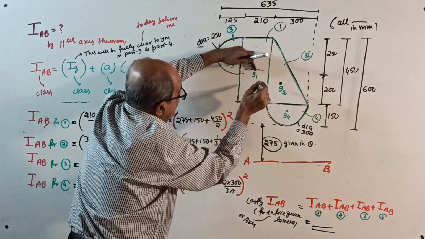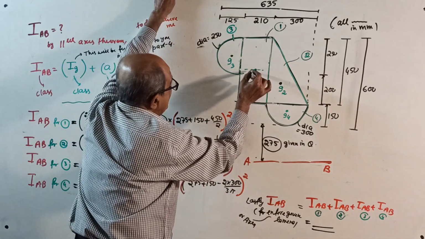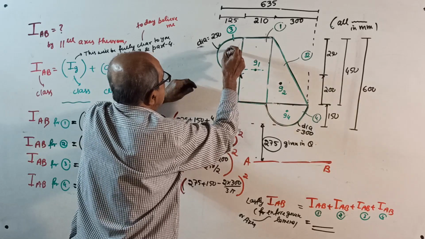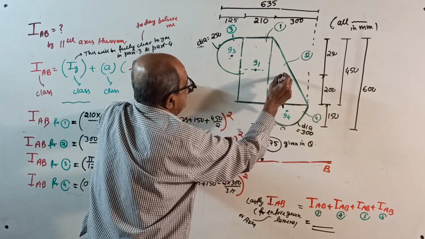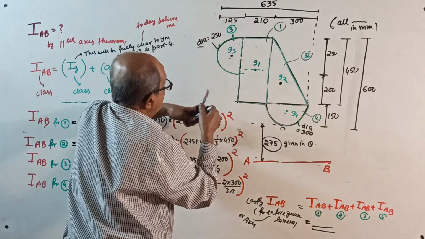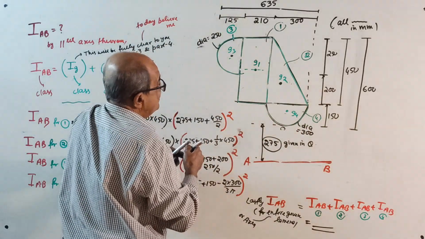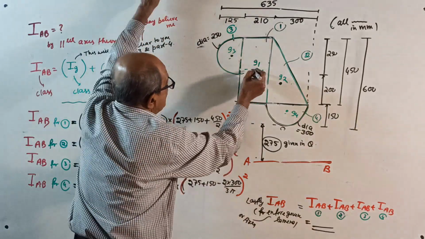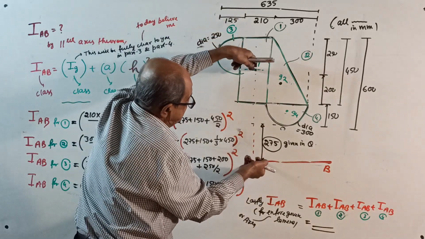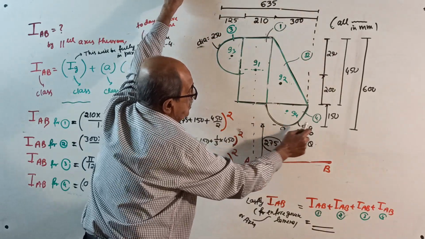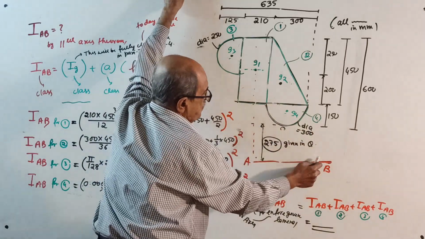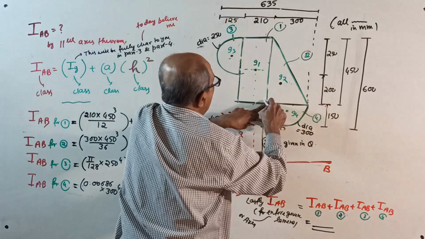I will mark G1, G2, G3, G4. From the centroid here to the red color, this distance square is 275 plus 150, you reach here, plus half of 450.